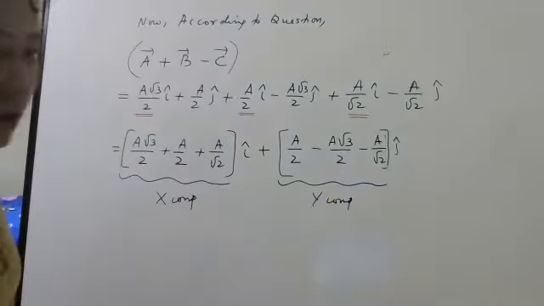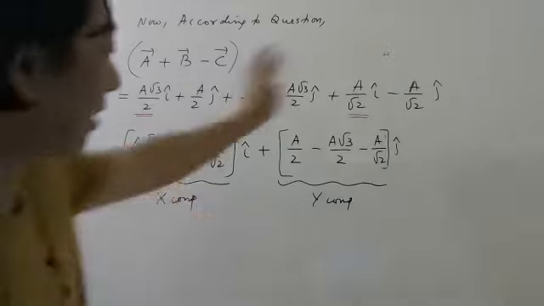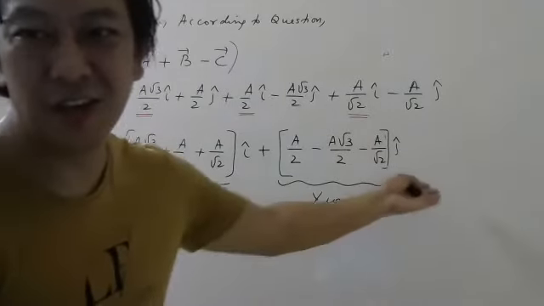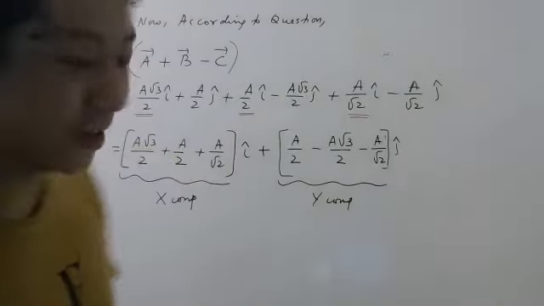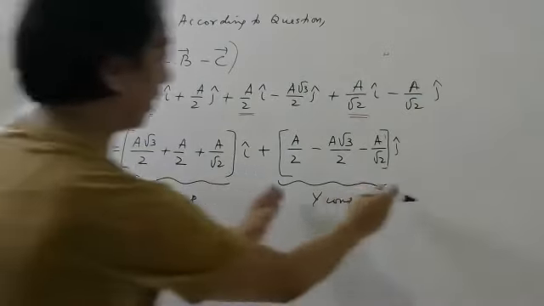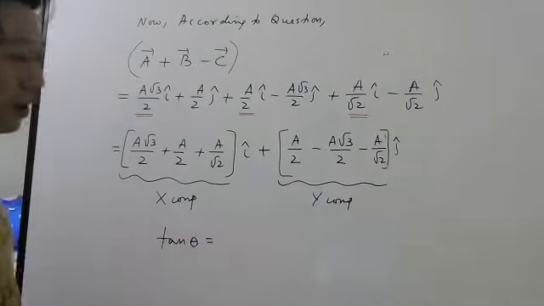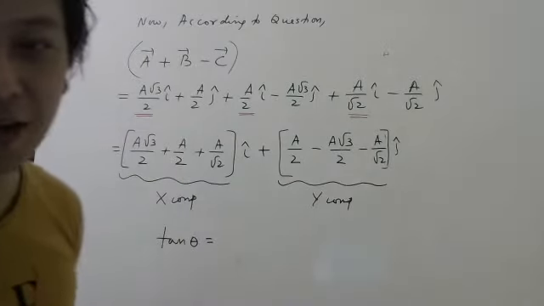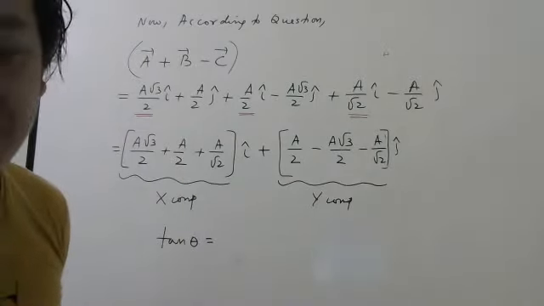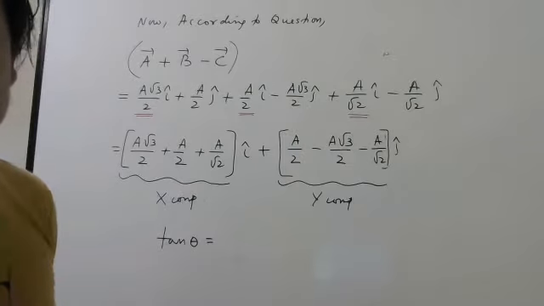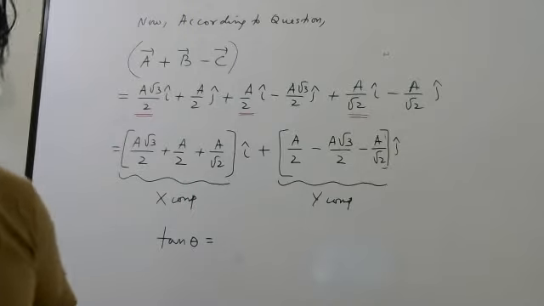Whenever you know x and y components in the xy plane, this is the xy plane only, there is no k cap here. So once you know the xy components, how to find direction? Tan theta. Y component by x component.